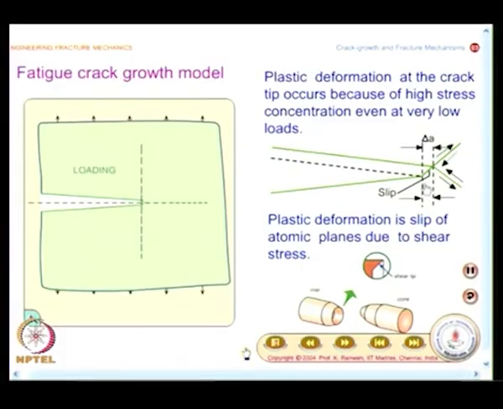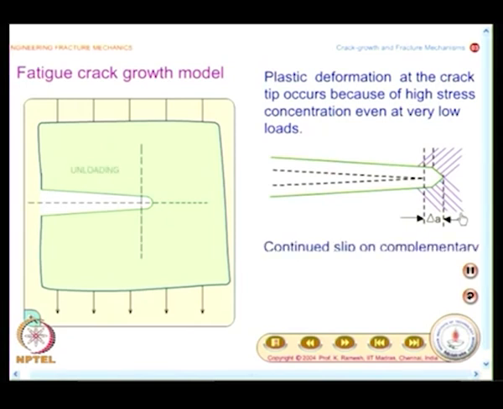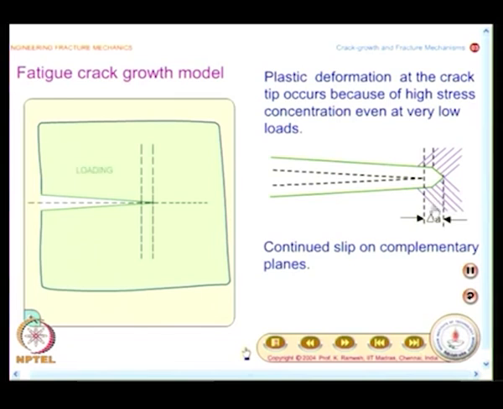So, the first thing that happens is, you have to recognize there is plastic deformation at the crack tip, and because of this slip of atomic planes occurs. It could happen in complementary planes, and that is what is shown in the next sketch. Because of successive slip, you find the crack has taken a shape like this.